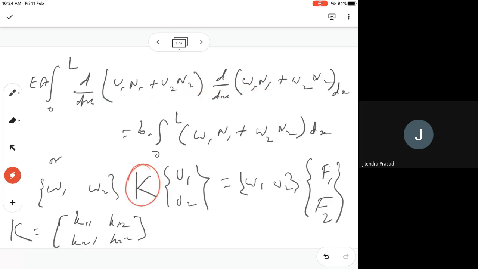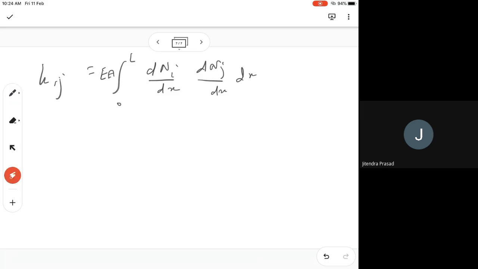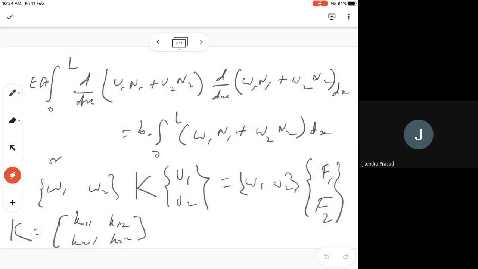So Kij is equal to integral 0 to L of EA dNi over dx dNj over dx dx. We have worked this earlier also. The same thing has appeared here. Only thing is this term we did not see earlier because we took some other example. Now we have the B naught term here. So see here, this is W1 times N1 plus W2 N2.